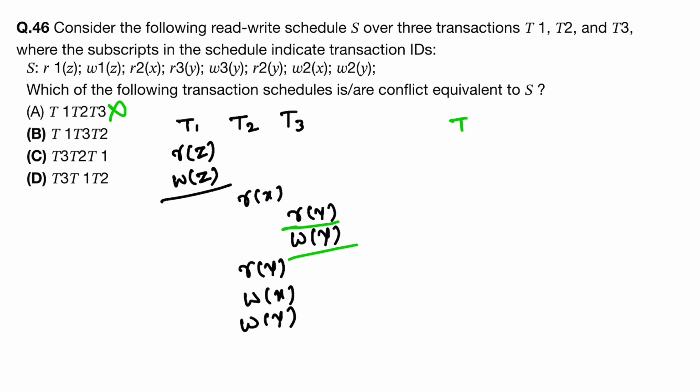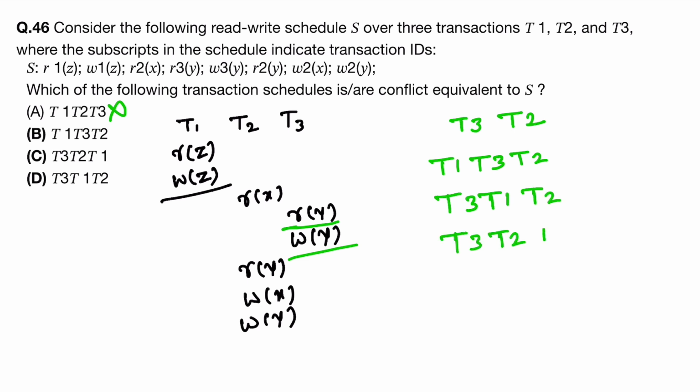See, T3 will always come before T2, and T1 can come anywhere because it is Z. So first possibility is T1, T3, T2. Next possibility is T3, T1, T2. And other possibility is T3, T2, T1. So see, all three options are matching: T1, T3, T2; T3, T2, T1; and T3, T1, T2.